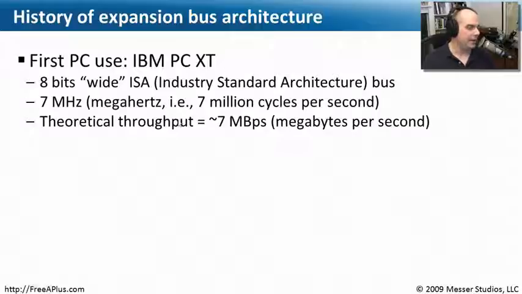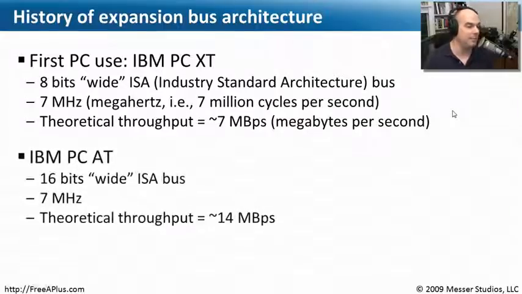We could fit and run devices on this bus to transfer traffic at 7 million cycles per second, or 7 megahertz. So if we looked at the amount that we could get across, we were using an 8-bit bus at 7 million cycles per second. That meant that we could send 7 megabytes per second through this system. Not a lot of great throughput there, but that's what we had on the original IBM PC.